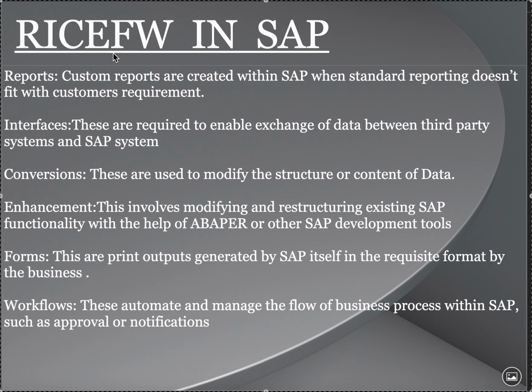From the costing point of view, this is what they develop and give to the customer, and based on these objects, the SOW, statement of work, is decided. The costing is decided based on how many objects they are going to implement. So please listen very carefully, this is very important.